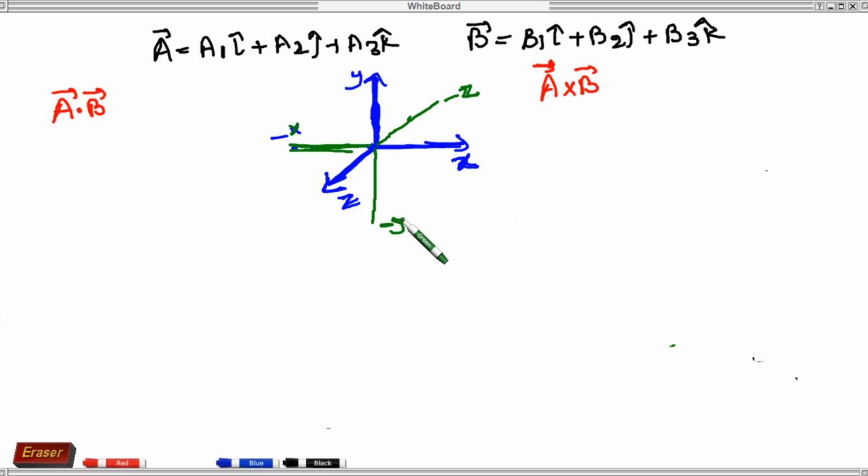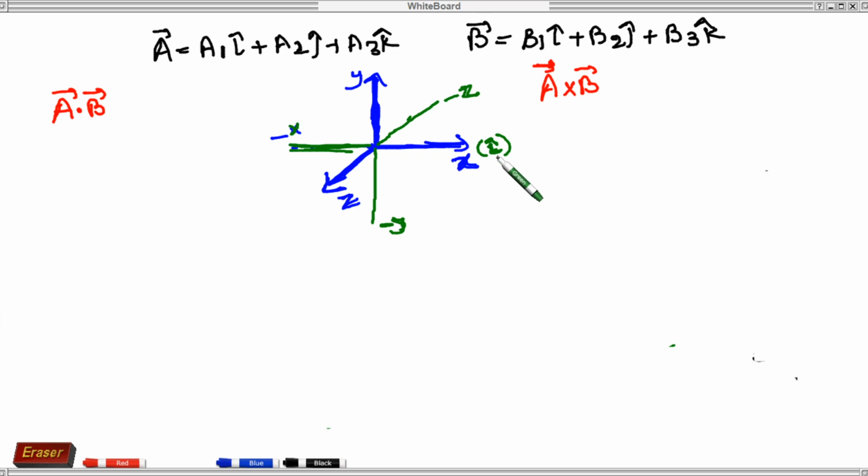I told you many times, in the x-axis the unit vector direction is like this. i is the unit vector in the x direction. Unit vector means a vector which has only one magnitude.